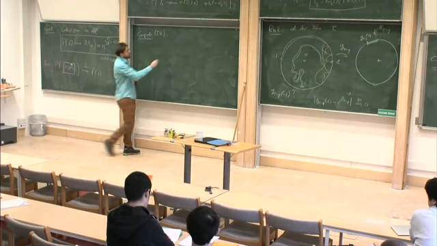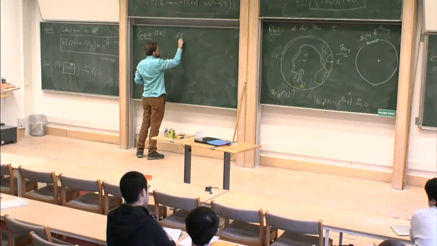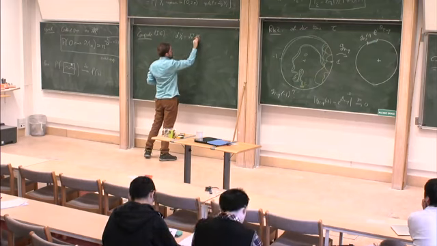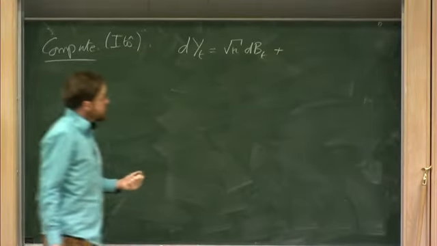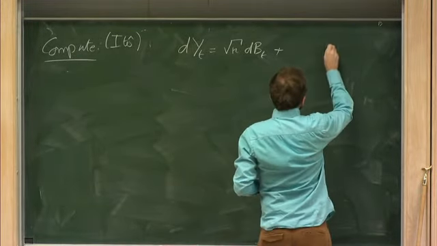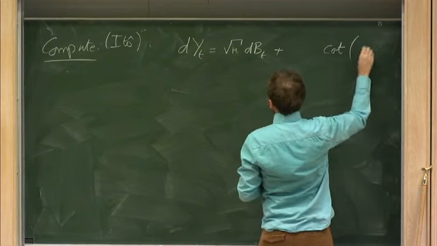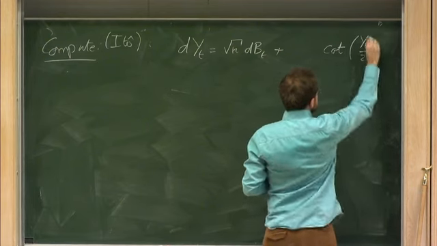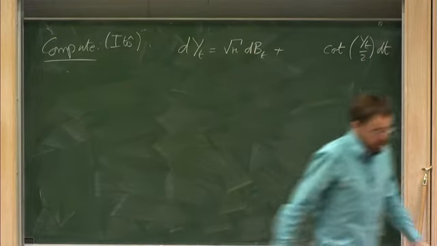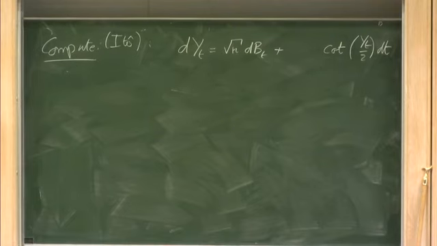And it will tell you that dY_t is square root of kappa dB_t plus something which will be proportional to the cotangent of Y_t over 2 dt, with a factor in front which I don't want to get wrong, which is a simple function of kappa.